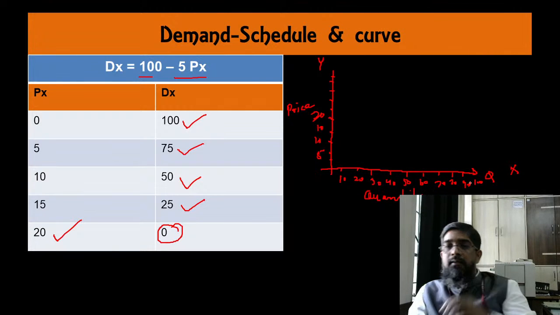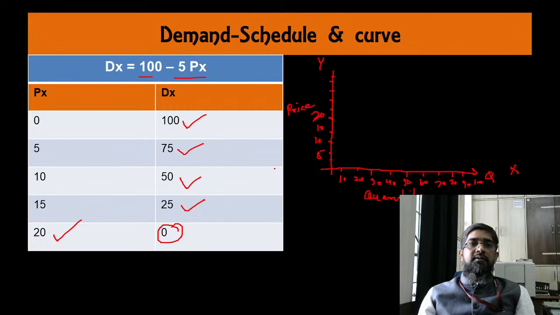Okay, so you can see when price is 0, your demand is 100, and when price becomes 5, your demand is 75. Then when it is 15, it's 50, and when it is 20, it is 25.